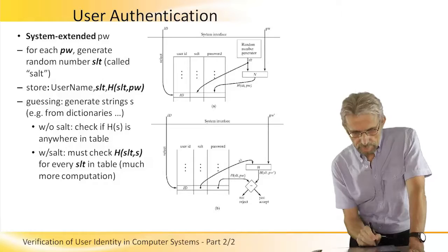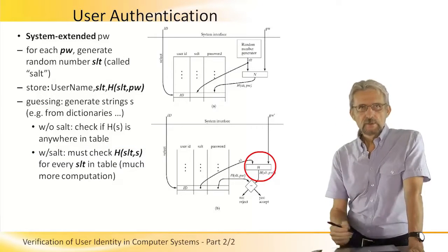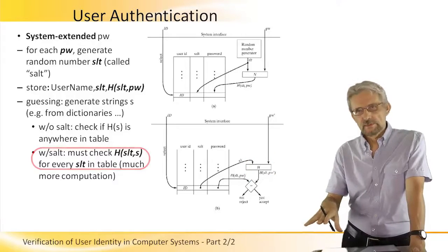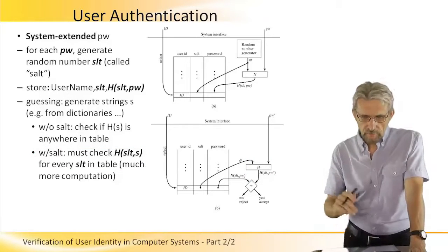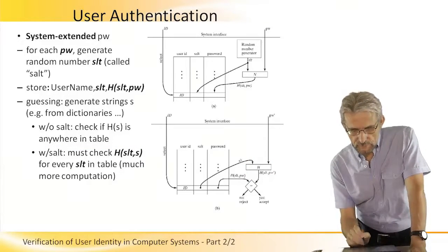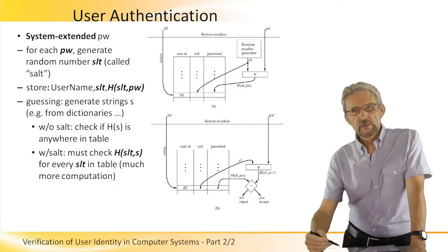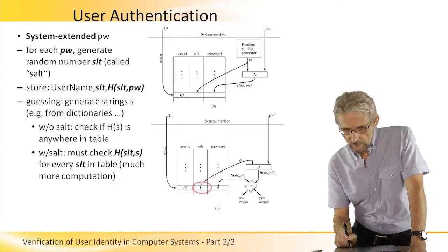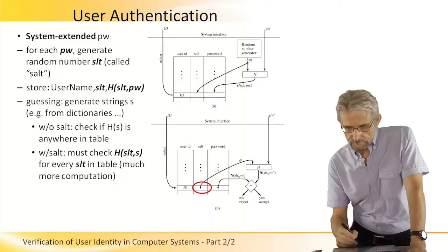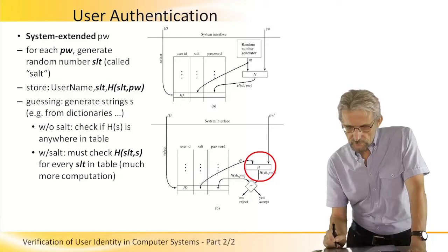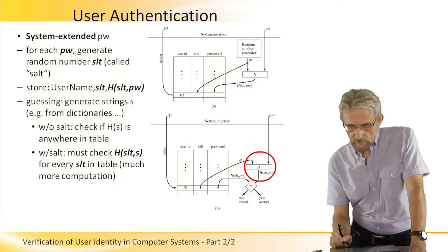Now with the salting, of course, it's not foolproof. It only slows down the process of guessing. It doesn't prevent it, but it slows it down, because you have to do this function h every time for every line, not for the entire file. So for any given user, you would have to extract the salt, then do this h computation, and then compare.